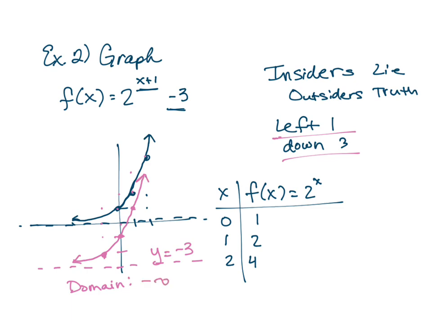Still all real numbers. There's nothing that I'm going to do that changes that. What's the range of the new function? Negative 3 to infinity, bottom to top. Everybody kind of having a grasp on what we did here?